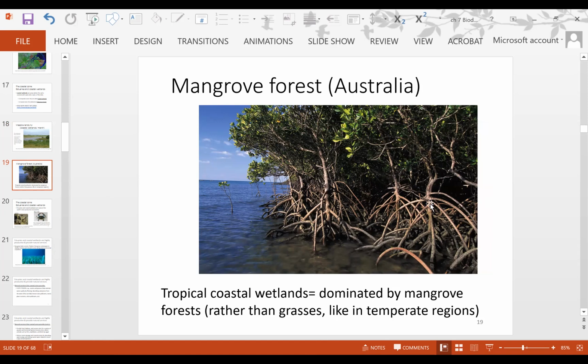And this provides an area for storm absorption, meaning if there is a storm that hits this coast, the energy from the storm waves is going to be focused on the mangrove trees.